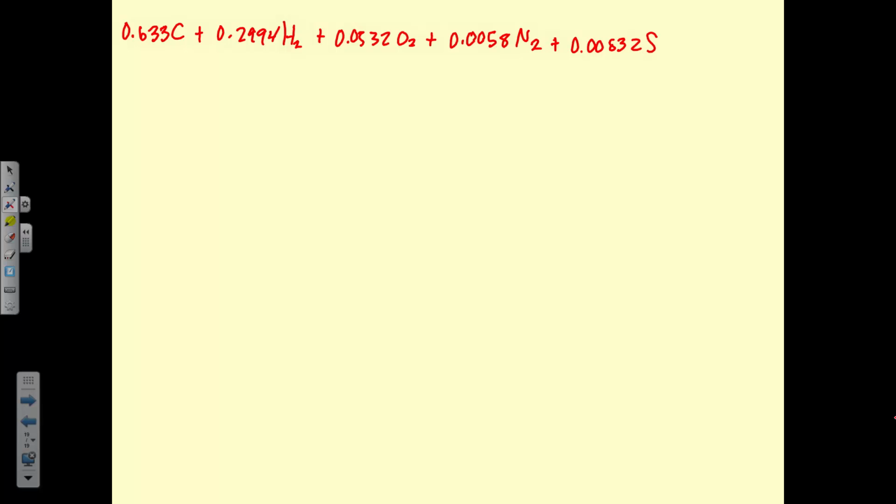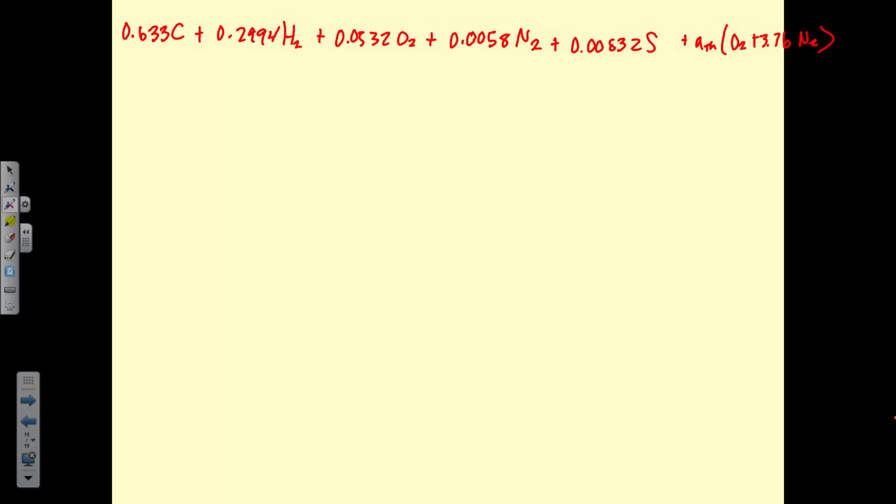We can write that out, that if we're assuming it's complete combustion, 0.633 carbon plus 0.2994 hydrogen plus 0.0532 oxygen plus 0.0058 nitrogen plus 0.00832 sulfur plus our theoretical amount of air times O2 plus 3.76 N2.